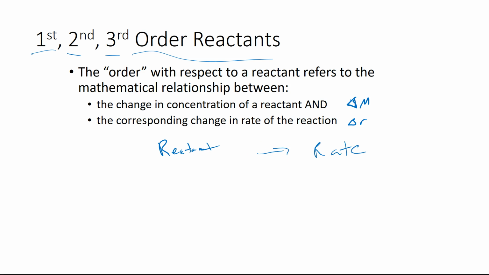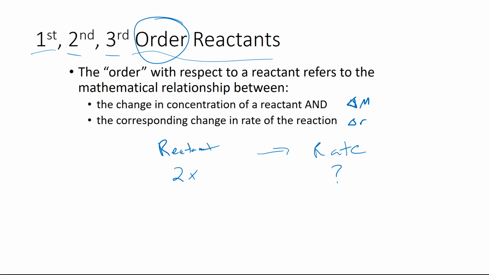What we're trying to understand with this idea of an order of a reactant is, let's say I double my reactant. What impact does that have on the rate of the reaction? That's what the order of the reactant tells you.